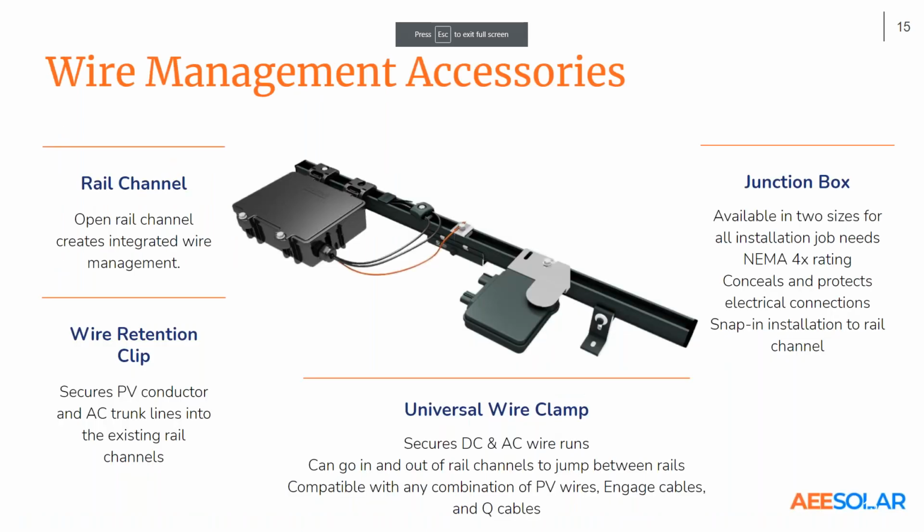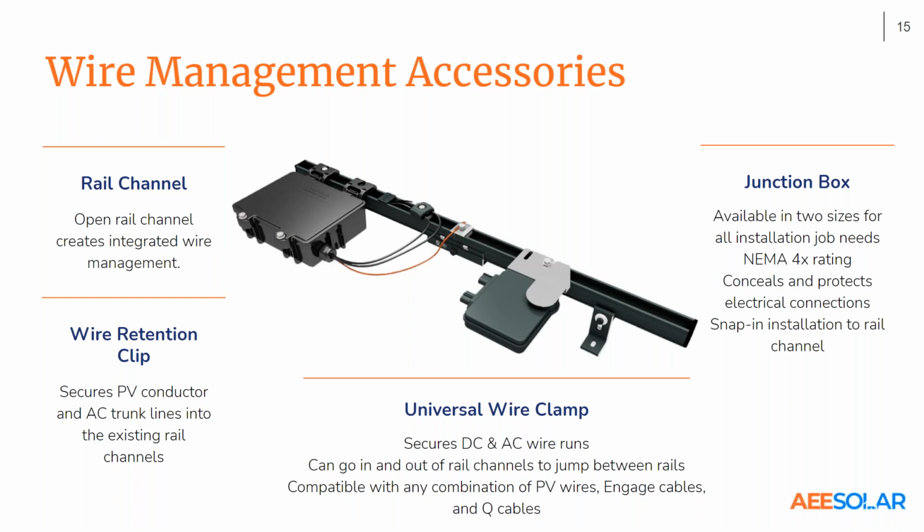Yeah. Talk us through wire management and what are some easy things installers can do to keep things trained and out of the way. Yeah, so we talked about wire management on a railless system. Wire management on rails is much more straightforward, and we'll get into the difference on the mapping, but one of the benefits on a rail-based system, especially using something like M-Phase, is you can put in your microinverter and run all your cables in the rail channel, snapping in those wire retention clips, snapping in your junction box.